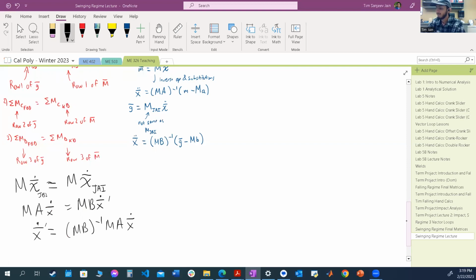X dot is not the same as X dot prime, but pi dot is equal to pi dot prime, since it happens instantaneously.